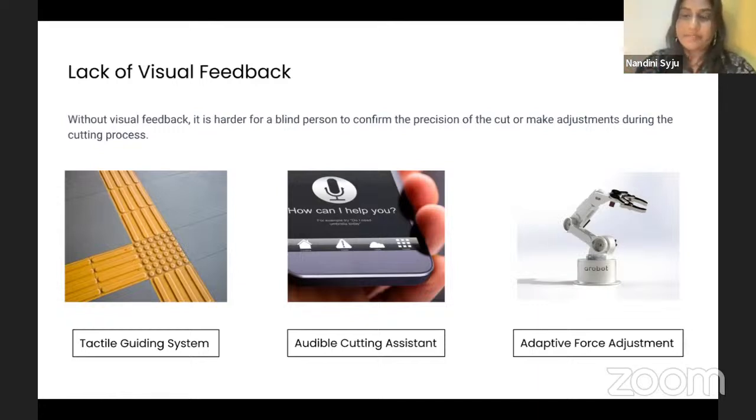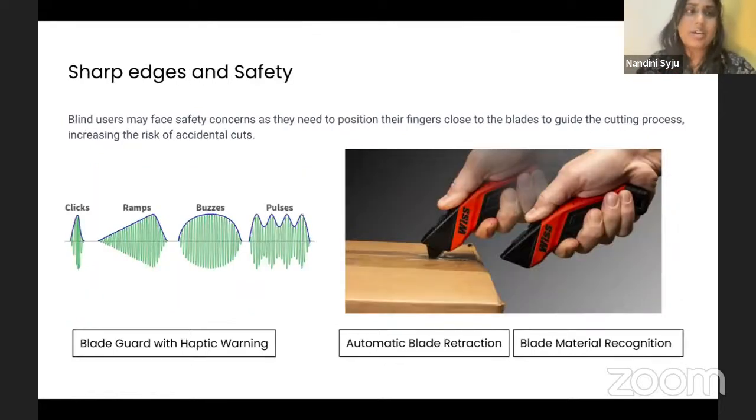It does that by itself, and that is a technology that you can incorporate in this, right? So you have to be well aware of what is out there to apply it in our products, in our designs, and have an edge in this competitive scenario. So these are the three ways in which I would compensate for the lack of visual feedback.